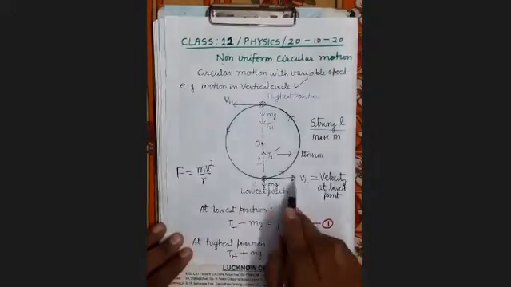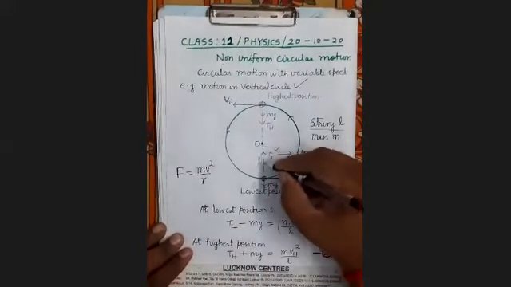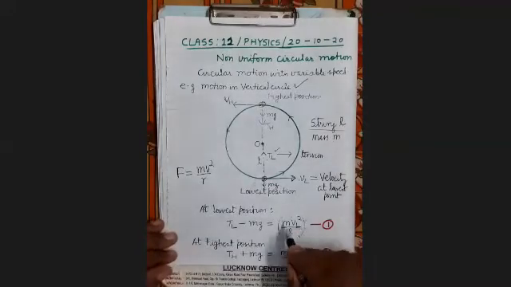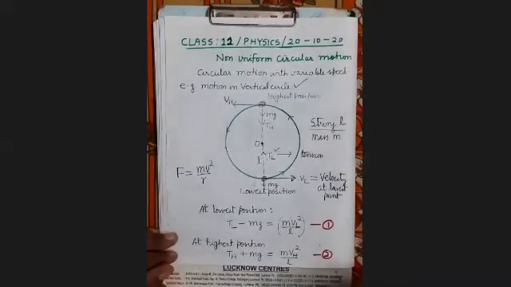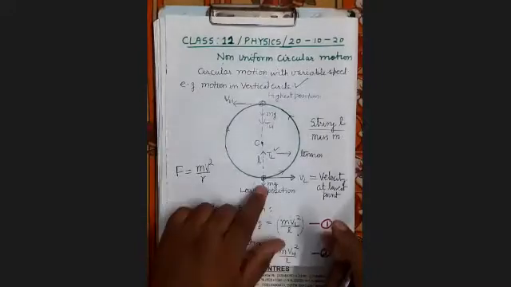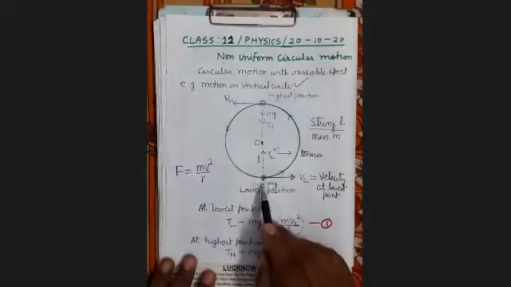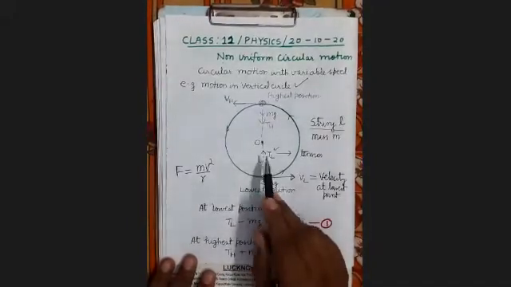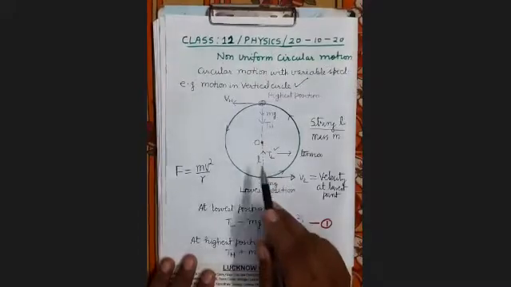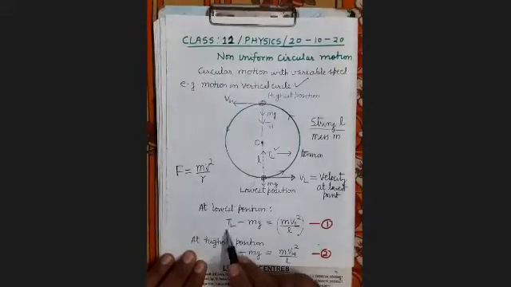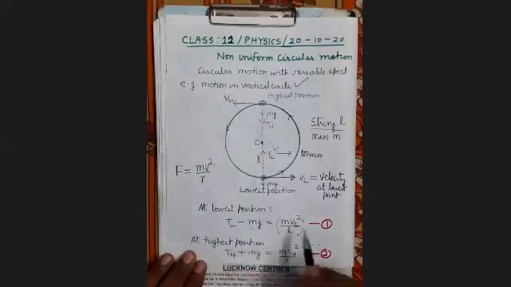Here v is VL, and r, the radius of the circular path, is equal to L. So the centripetal force is m VL square upon L. Now mg cannot be more than TL, because when mg exceeds the tension, the string will break. It's clear? So at the lowest point, we get TL minus mg equals m VL square upon L.